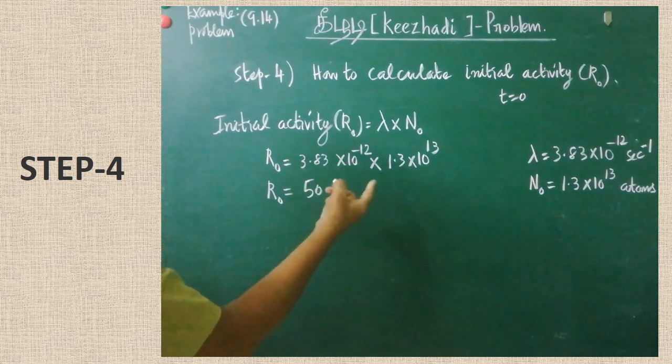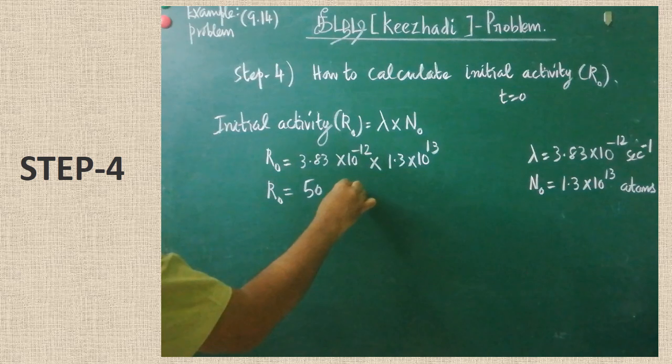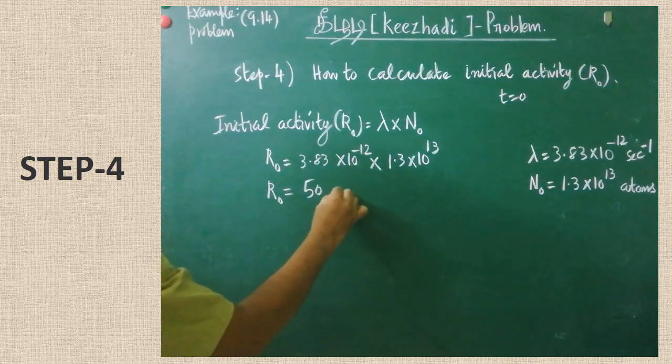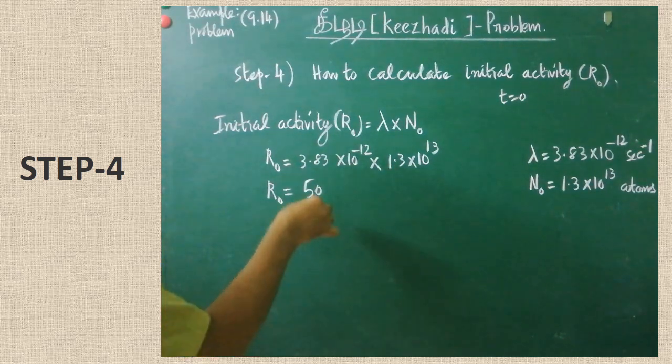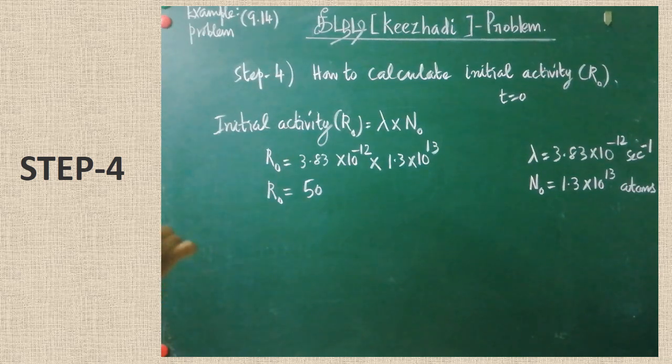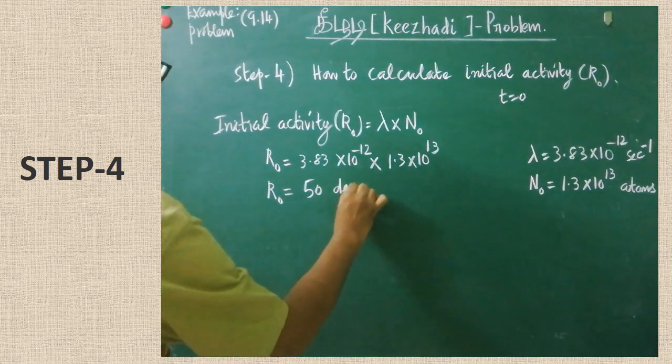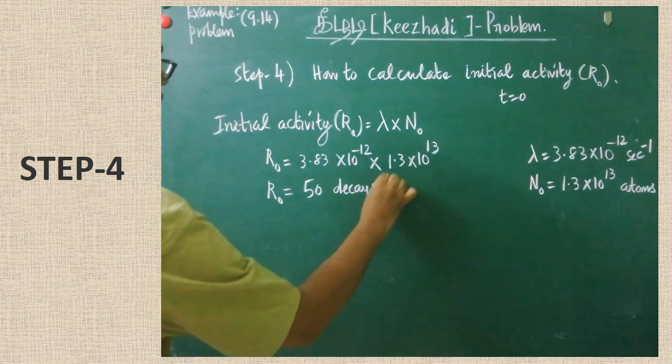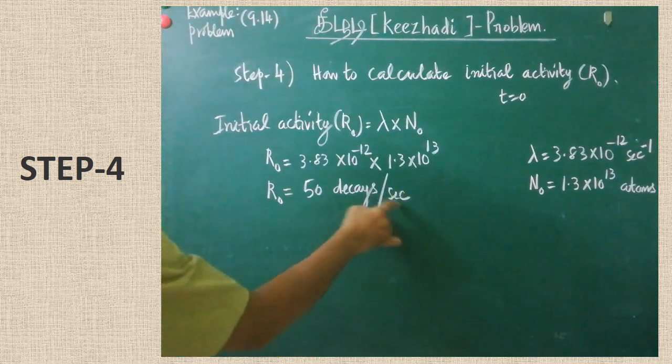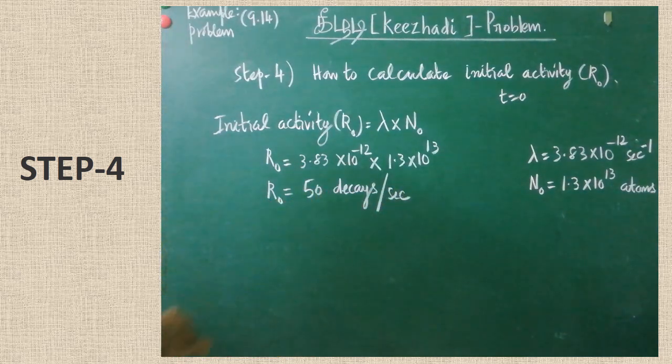After writing 50, what should be written? Atoms per second. Finally, you will be getting atoms per second. Instead of atoms per second, we can write decays per second. That is, 50 atoms are decaying per second. Therefore, we can write it as 50 decays per second. So the unit is clear.